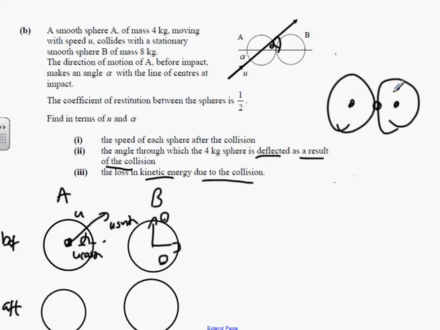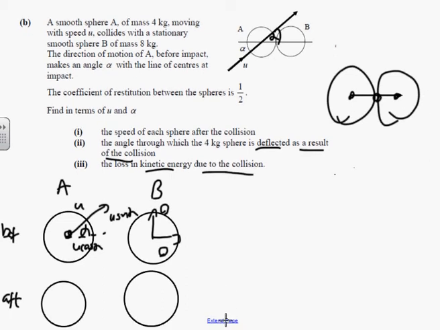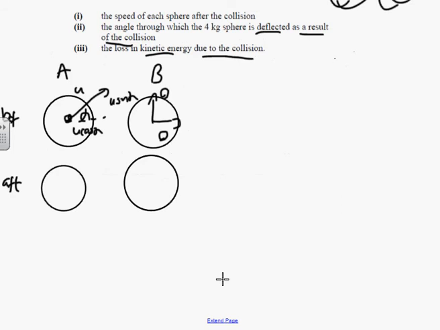When you join the centers together, there's a line. The momentum transfer takes place along this line. Because the second one isn't moving to begin with, it goes straight to the right. We're going to assume they both go to the right, and if they don't, it'll autocorrect with a negative answer.